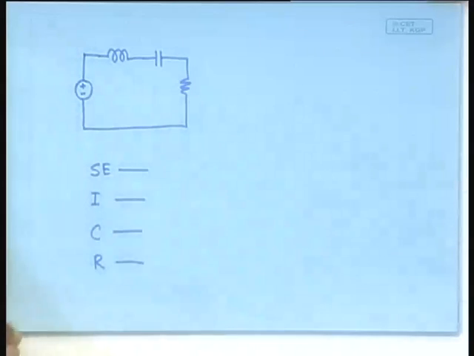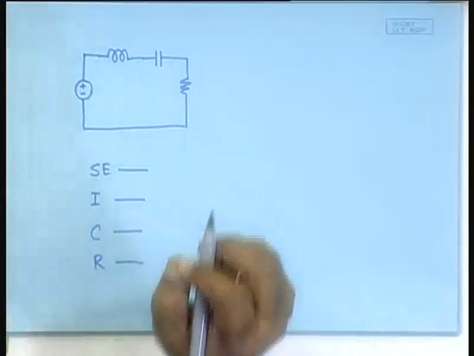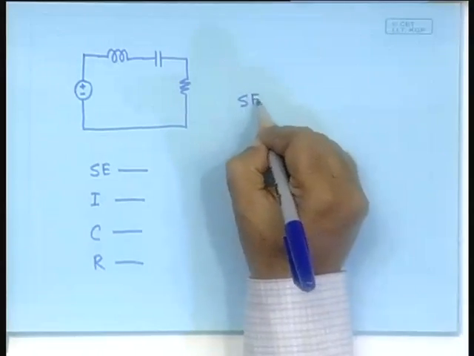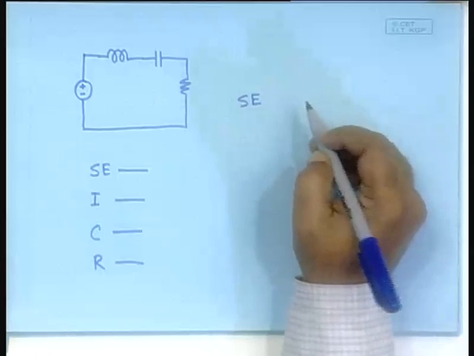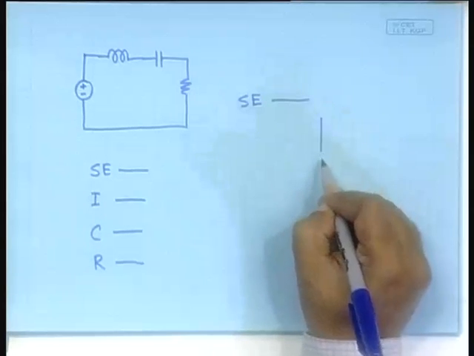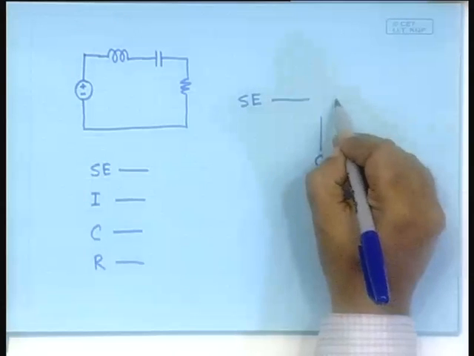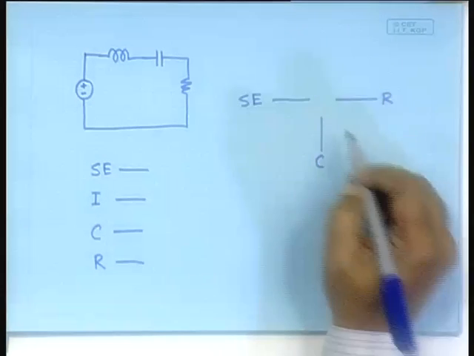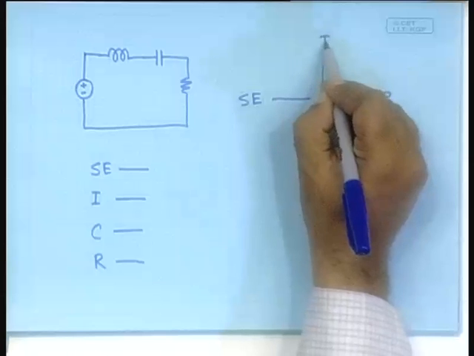In that case, that specific way of exchange of information will be represented by a junction. In this case, it will be called a one junction. So, this will be represented by SE connected to a bond, C connected to a bond, R connected to a bond, I connected to a bond.